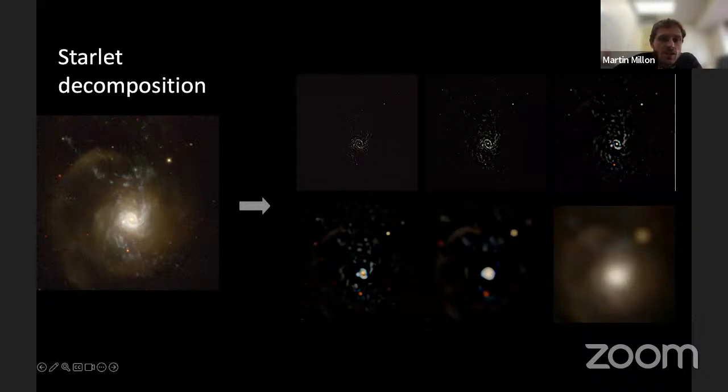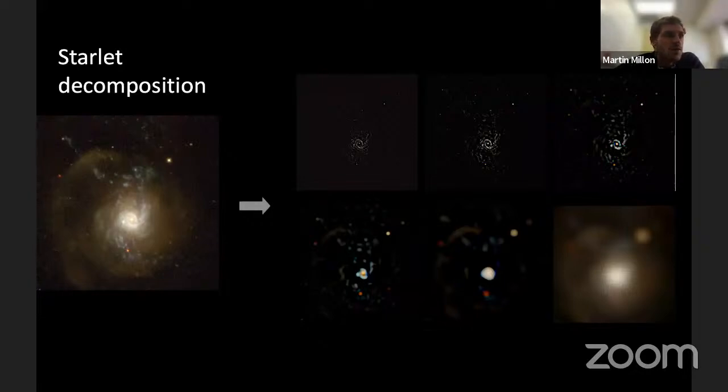Here you see that in the first starlet scale, you catch the high frequency regions, like the star forming regions, and then as you go up the starlet scales, you start catching lower frequency features, like the bulge of the galaxy, the very low frequency here. So you can use the concept of sparsity to regularize your reconstruction. Sparsity is a concept where you try to reconstruct your signal with as few coefficients as possible.